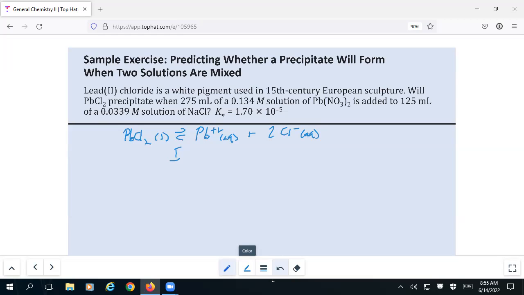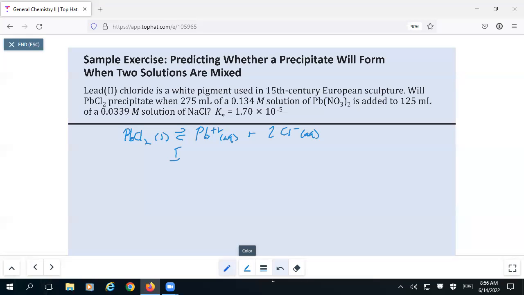All we're trying to figure out is, are we at equilibrium? Now, the problem is, by combining these two solutions together, they've diluted each other. So I can't just put in 0.134 for the lead, 0.0339 for the chloride, and assume that that's good. I need to do the dilution equation first.